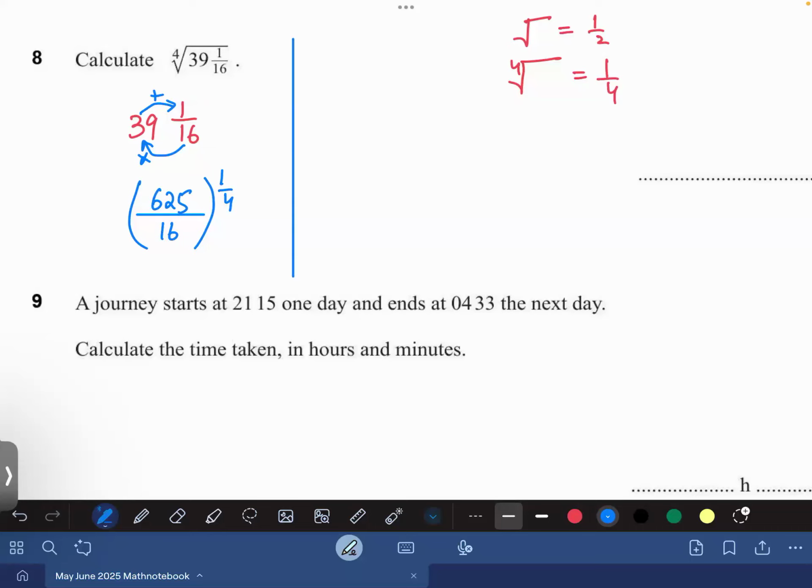So let's do it. I have to distribute the power: 625 power 1/4 divided by 16 power 1/4. Now, Misha, this is the hint. Yes, this is a calculator question. Beta, it is a mixed calculator and non-calculator question, okay?